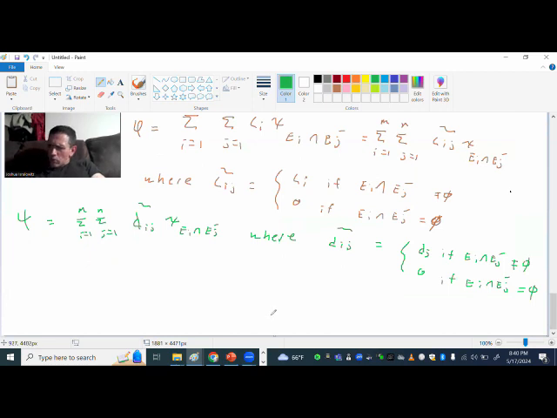Okay. So how does this help me? One thing is, as I mentioned before, we know the E_i intersect E_j primes partition E. So I can use my proposition.